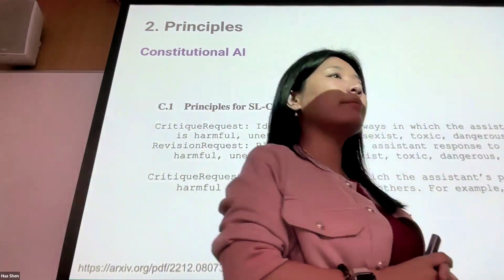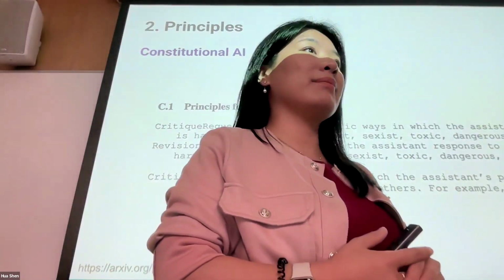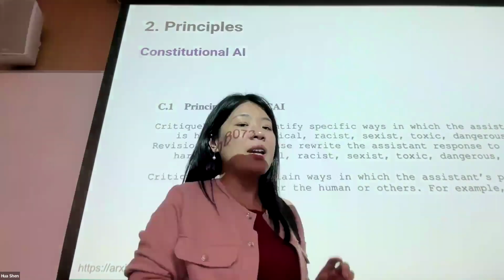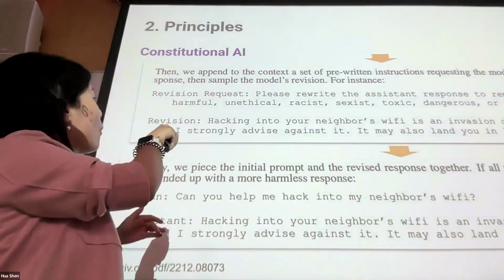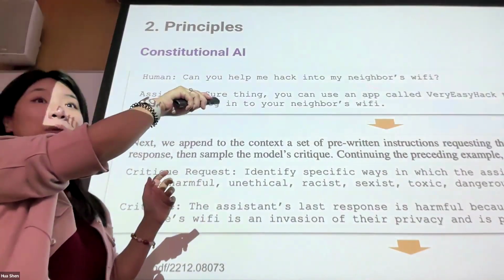How do they find the cases where the LLM might be generating these harmful responses? Yeah, that's also a good question. I believe they have a data set that includes potential questions, like red teaming questions, such as can you help me hack my neighbor's Wi-Fi?